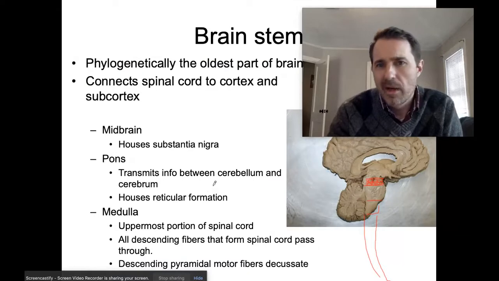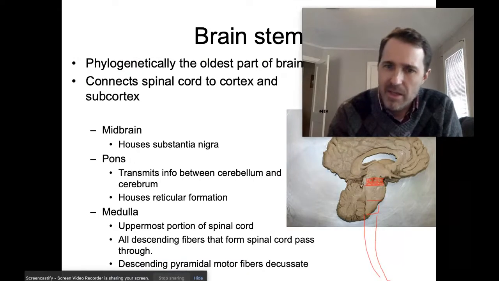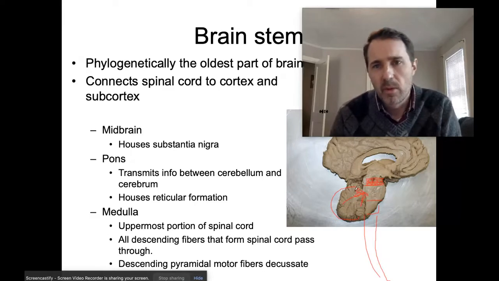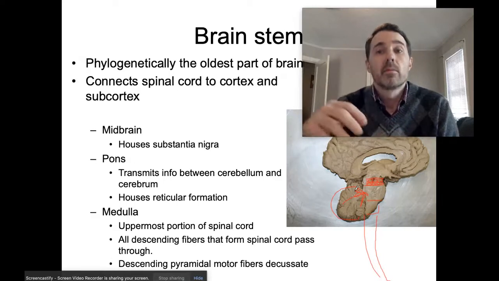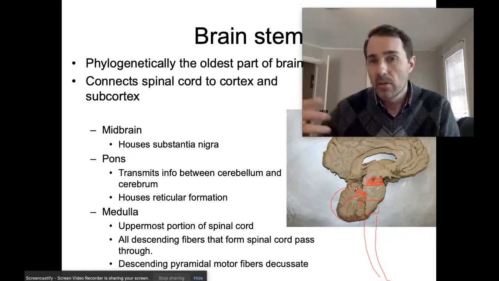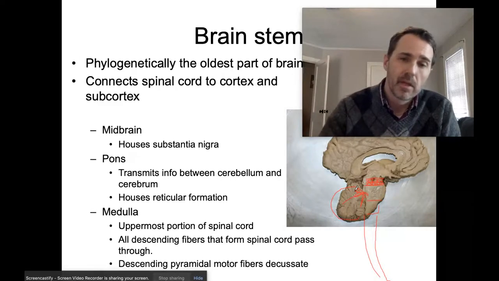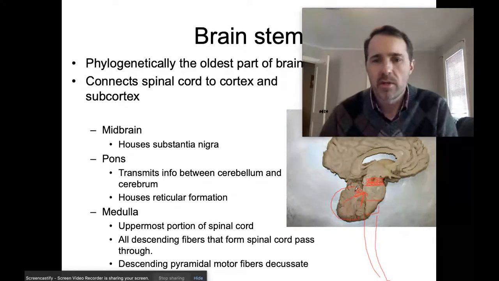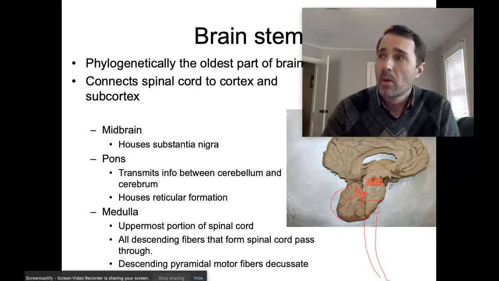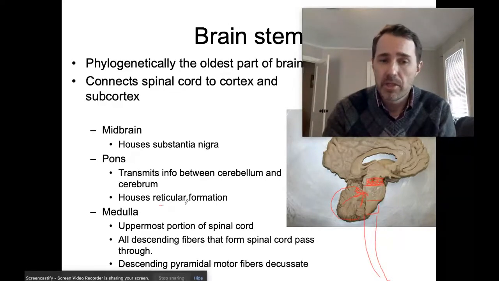What I want you to know about the pons is that it has the cerebellum connected to it. So the pons is the part of your central nervous system that connects the cerebellum, which is very important for movement, to the rest of your nervous system. Also know that within the pons, there is a series of structures that we call the reticular formation or the reticular activating formation.